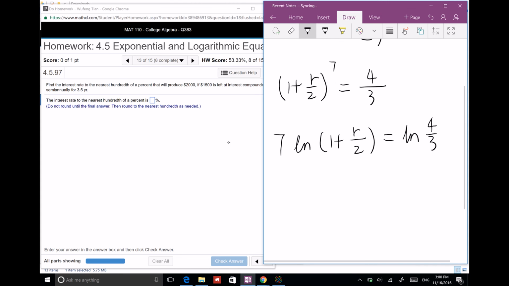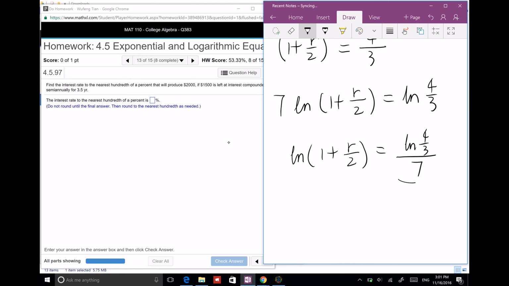So what we have is ln of 1 plus r over 2 equals ln of 4 over 3, over 7. Then this is a number, you find that number. So 1 plus r over 2 equals e to the power ln of 4 over 3 over 7. Find this number, use a calculator, and find the whole thing.